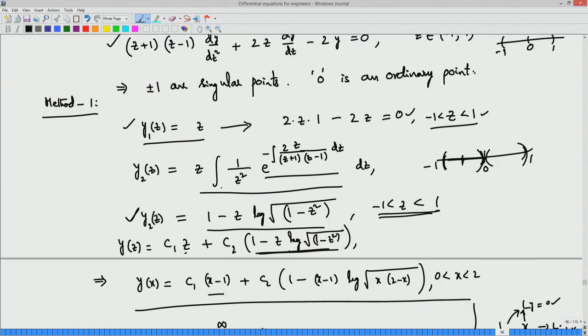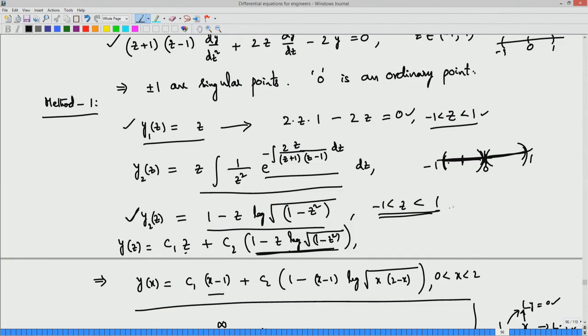Instead, I have to pick my z naught from the domain minus 1 to 0, which I avoided by doing indefinite integration. That is also valid only in this domain. You calculate it, and this is what you get. Again you do the same thing, thinking that your domain is only this, and 0 is not part of the domain. So, this is what you get, which is valid actually between minus 1 and 0 and 0 and 1.